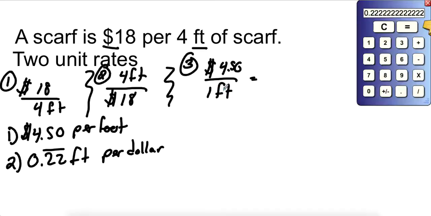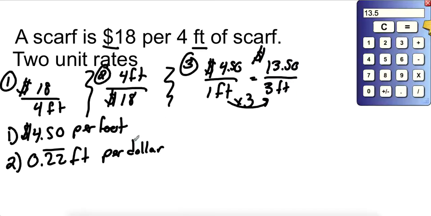You should know that there are 3 feet in 1 yard. So I'm going to scale this up by a factor of 3. So 4.50 times 3 is going to give me $13.50 for a single yard of scarf.